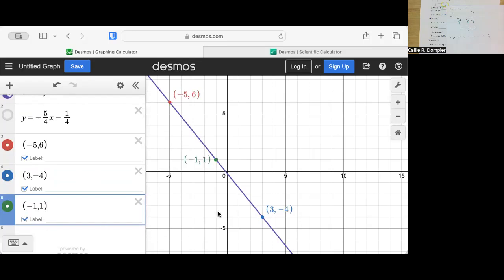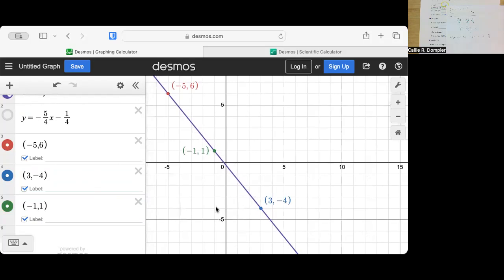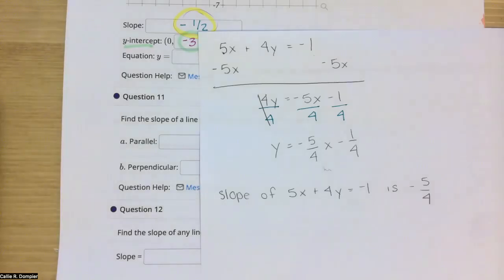Remember, the slope of -5/4 means that from this point, -5, 6, I'm going to go down 5, and then I'm going to go right 4. From -1, 1, I'm going to go down 5, right 4, and get to another whole number. So that does look correct.